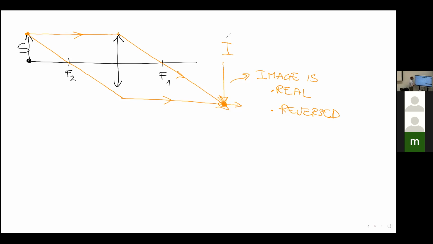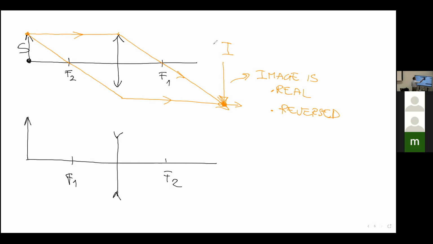Okay, if you have a negative lens, say something like this, then what does it happen? That F2 is here and F1 is here because the coordinate of the foci is negative, so they are inverted. So if you have an object here, now it is difficult to draw this, no? What does it happen?